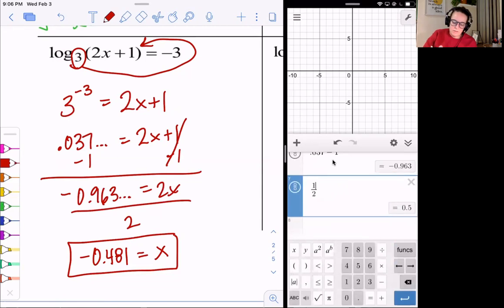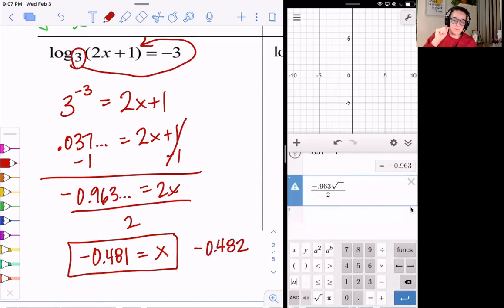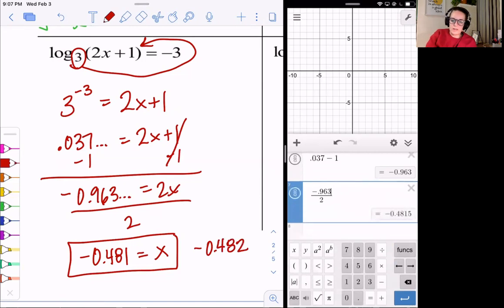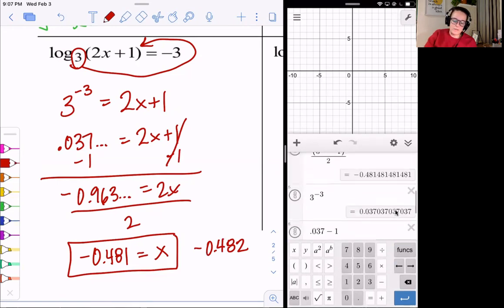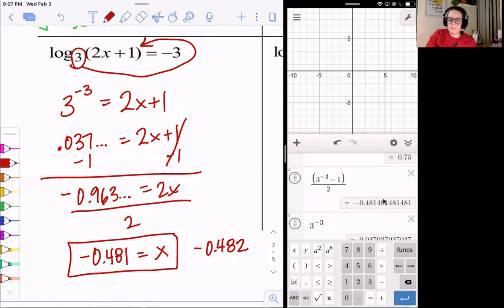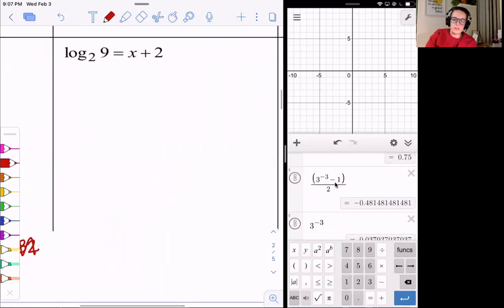So I have negative 0.963. I could end up getting a slightly different number, which would have resulted in me writing 4.82, which would actually be the wrong answer, right? Because that 5 would make me round up. So I don't actually notice that this number is different from what we actually got. So we want to keep it as exact as possible. Cool. All right, let's go ahead and try this one.